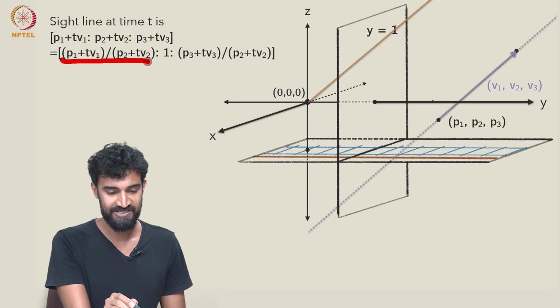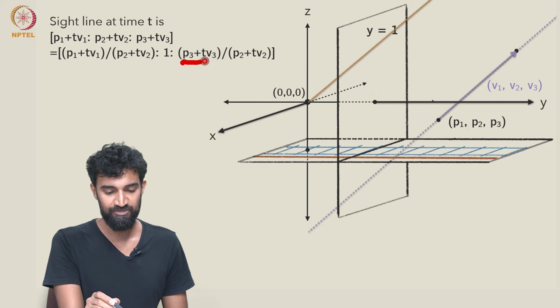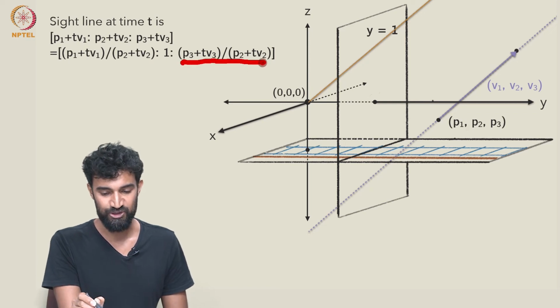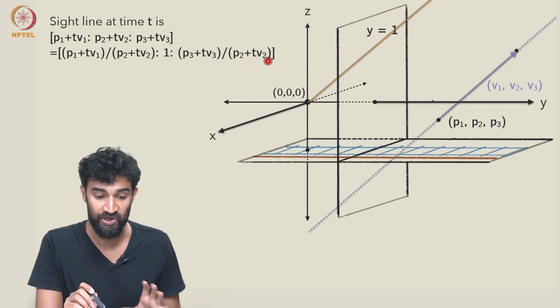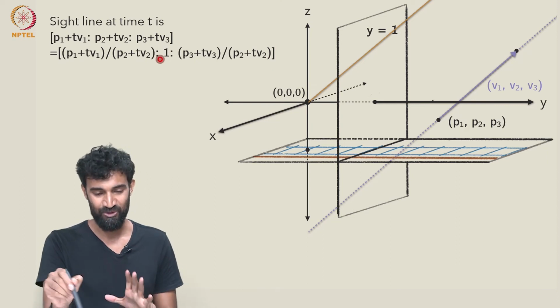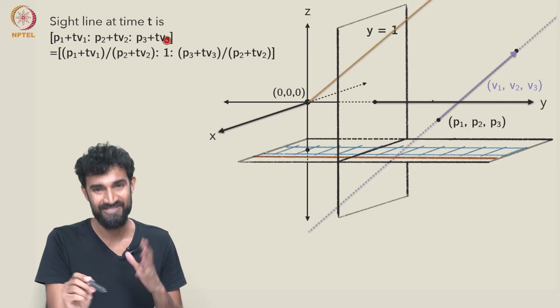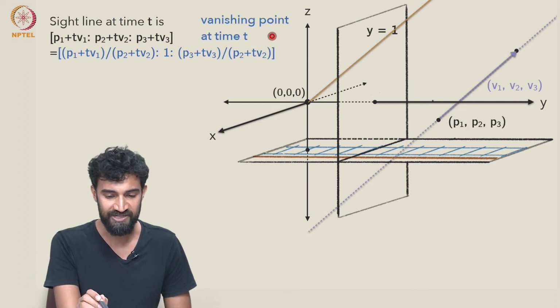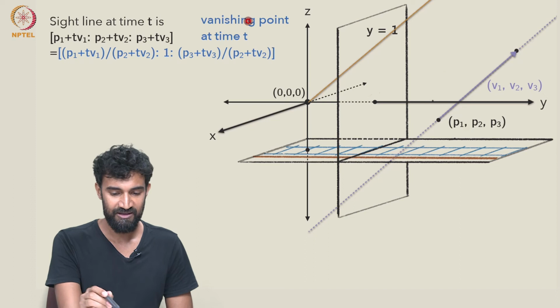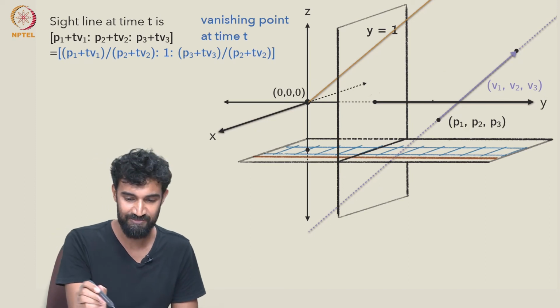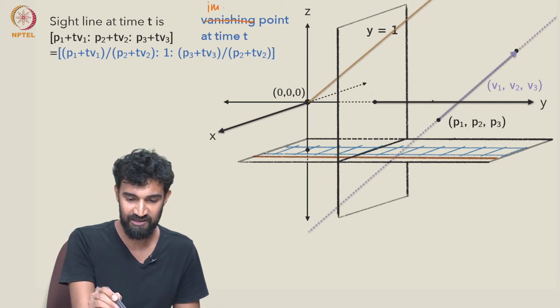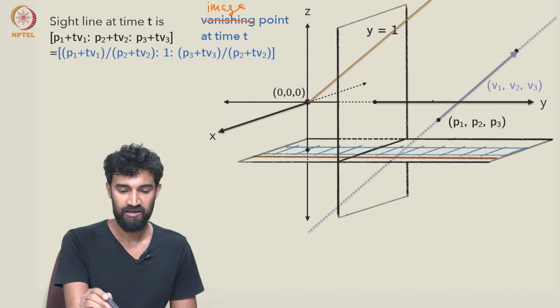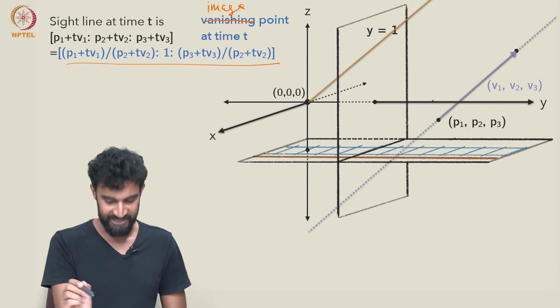So we get p1 plus tv1 over p2 plus tv2 as our x coordinate, p3 plus tv3 over p2 plus tv2 as our z coordinate, and 1 as our y coordinate. So the image point at time t, oops, that's a typo, I meant to say the image point at time t is just this expression here.